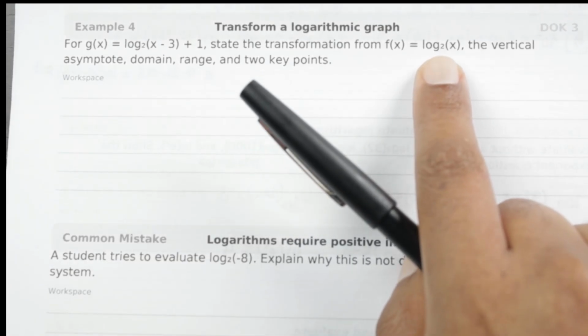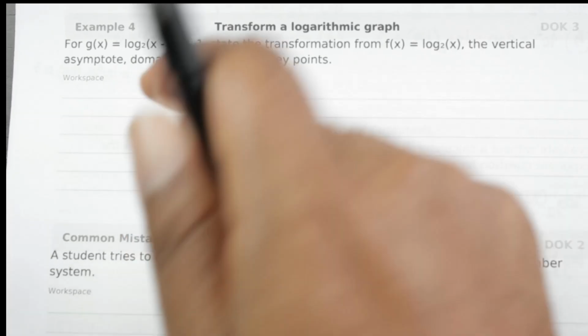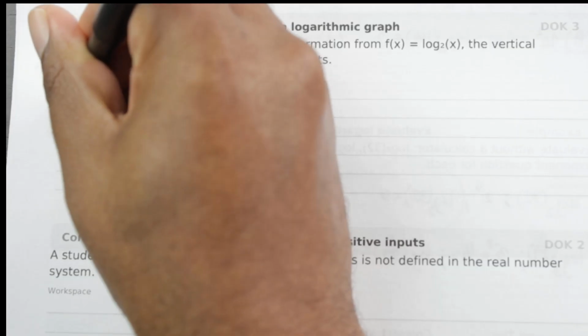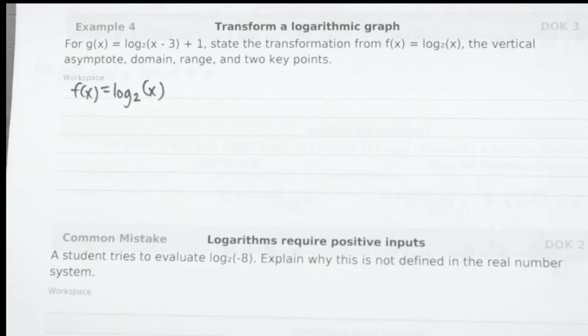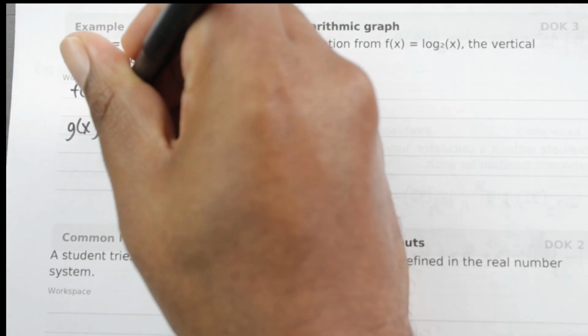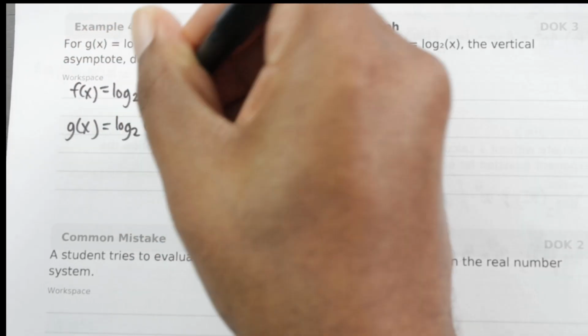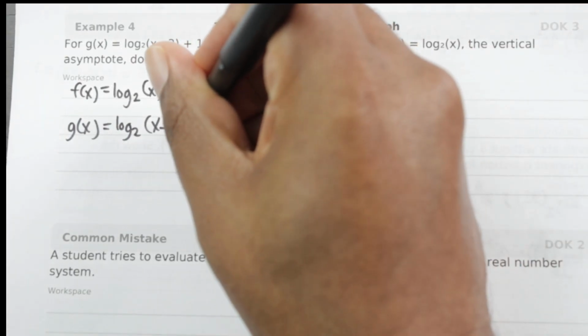This is the parent function, and we're going to compare that with g of x equaling log sub 2 parentheses x minus 3 plus 1.